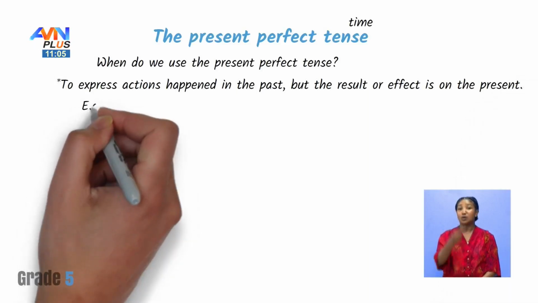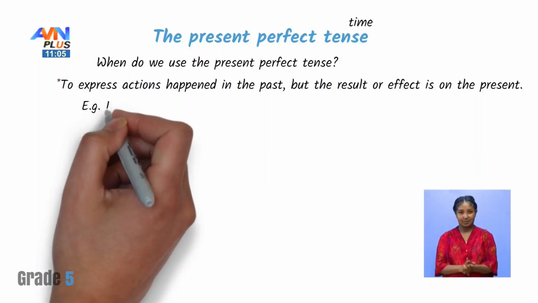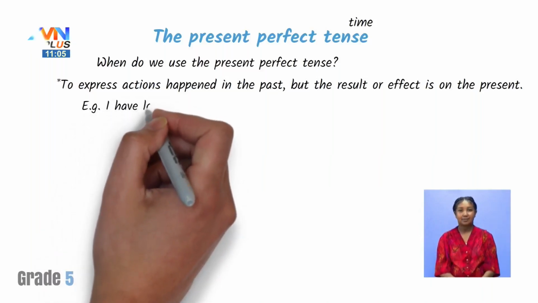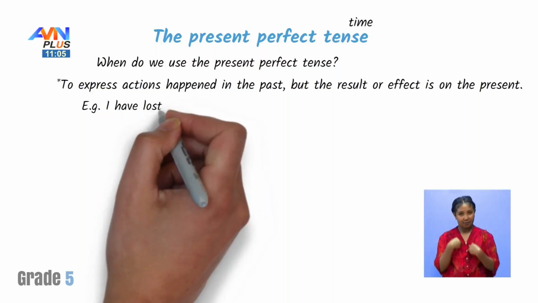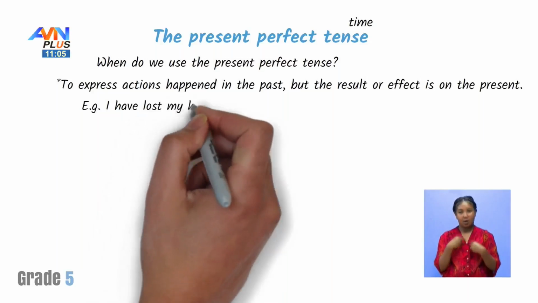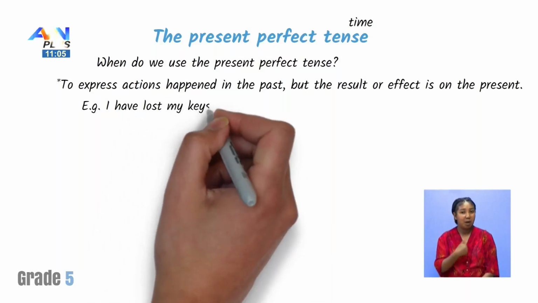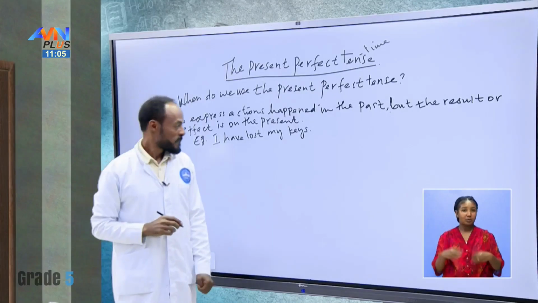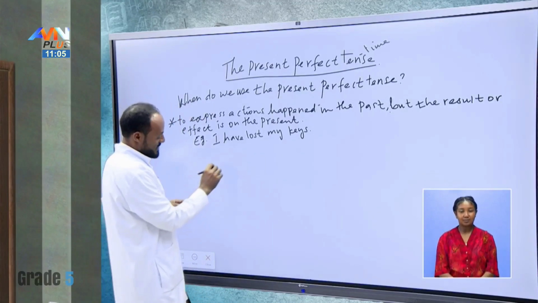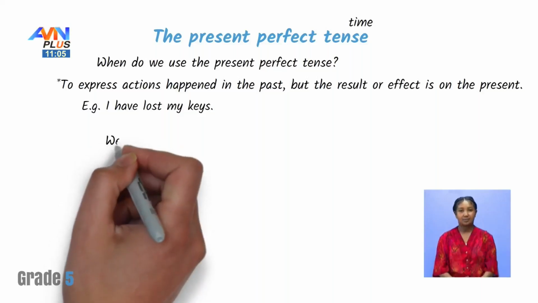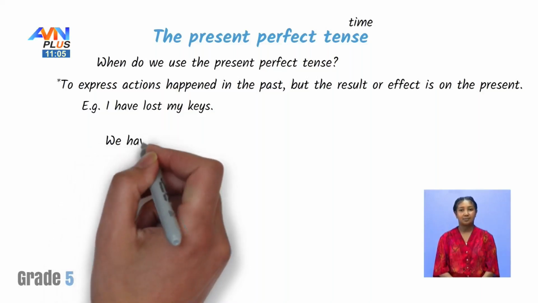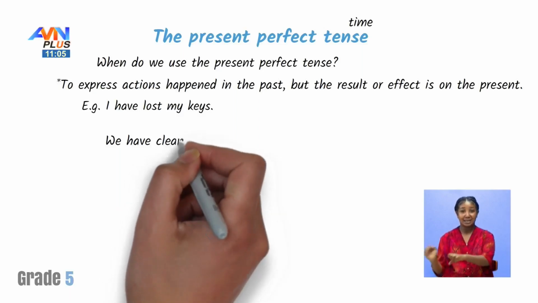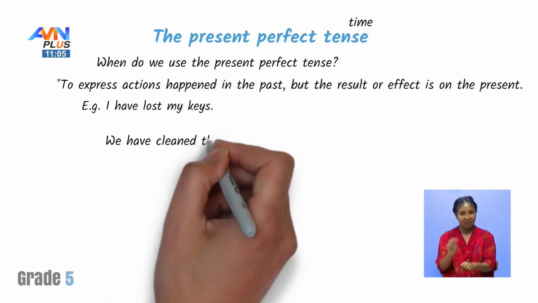Look at the example. For example, when I said here, I have lost my keys. I've lost my keys. The second one, we have cleaned the board.